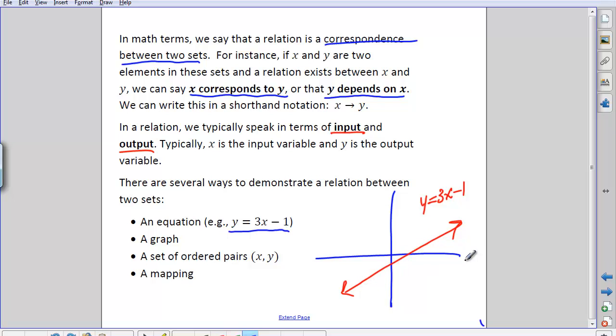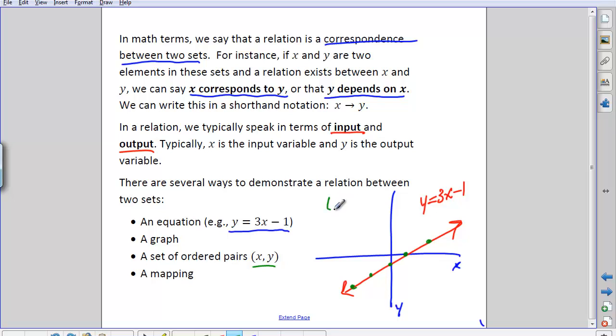Remember, this is your x-axis and your y-axis. And if you've got a graph, think of what you know about graphs here. Don't you also have some ordered pairs, some points along that line? All of those ordered pairs on that line also describe that relationship.